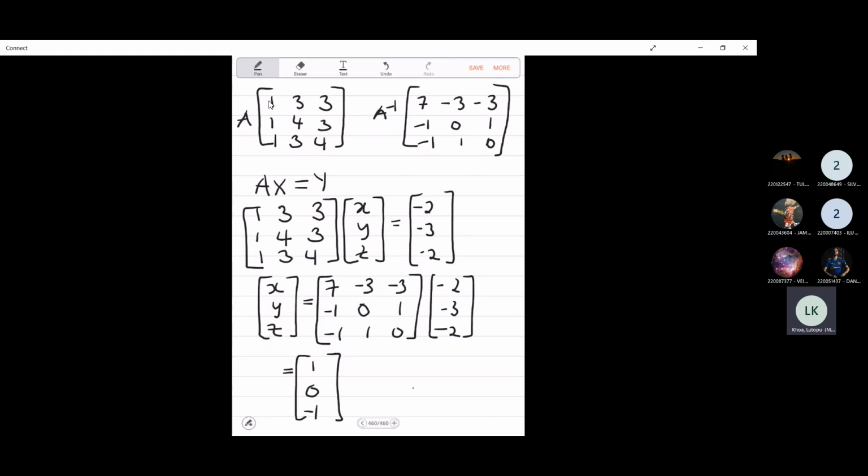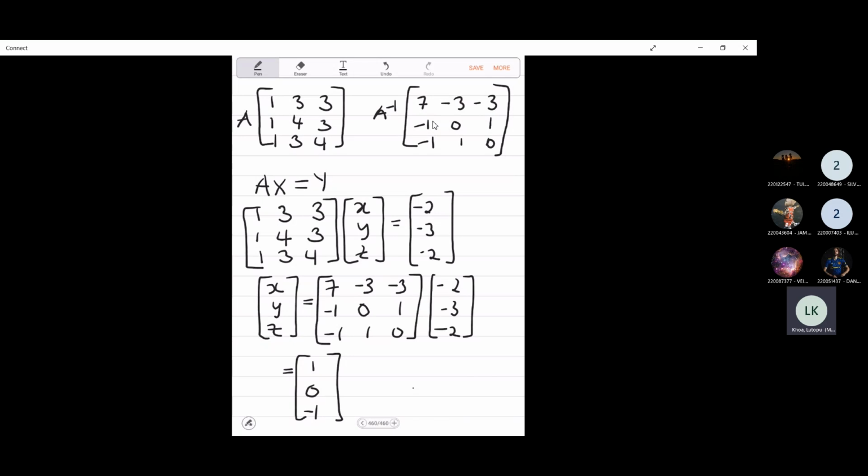Okay, let me just try multiplying these two matrices together. So we have 1 times 7 plus 3 times minus 3 plus 3 times minus 3. That's 3 times minus 3 plus 3 times minus 3.